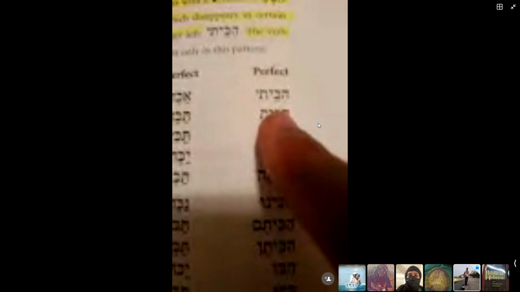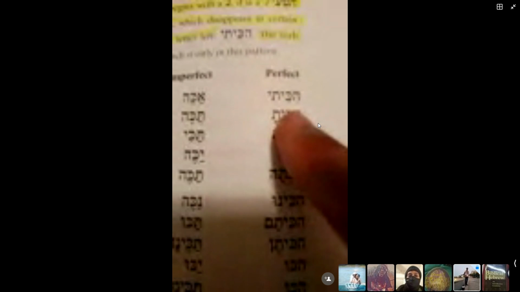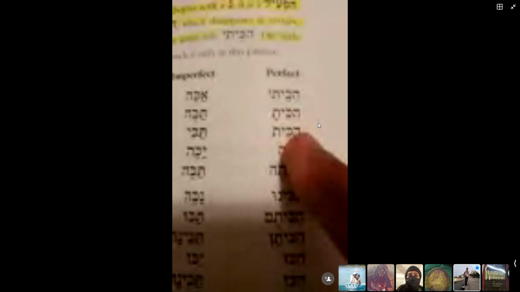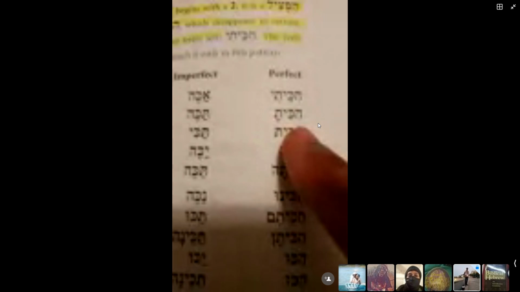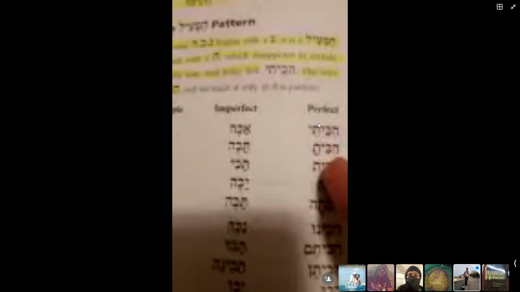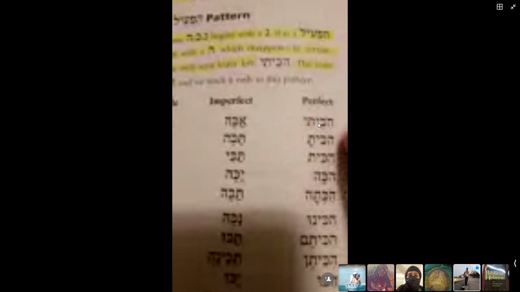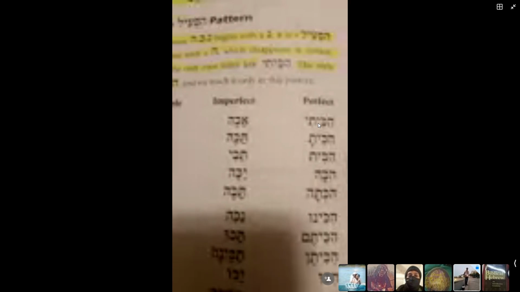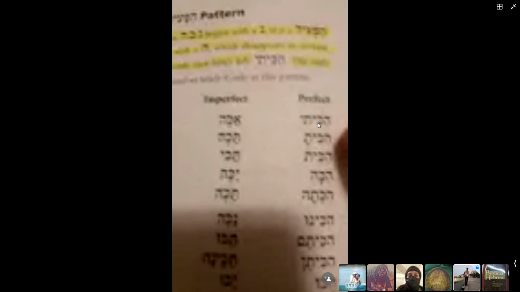So that's why you see here in the perfect tense, hiketi, hiketa, where literally the only way you're able to identify this by this noun is that kaf, and then just knowing the grammar rules of everything else that really should be there.